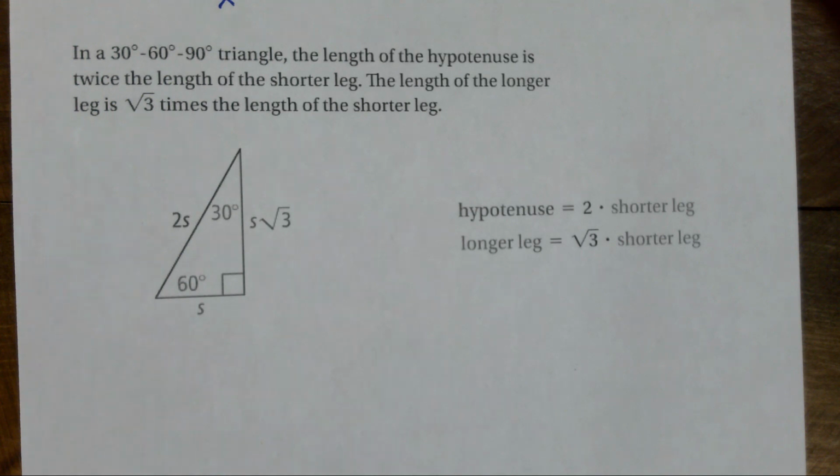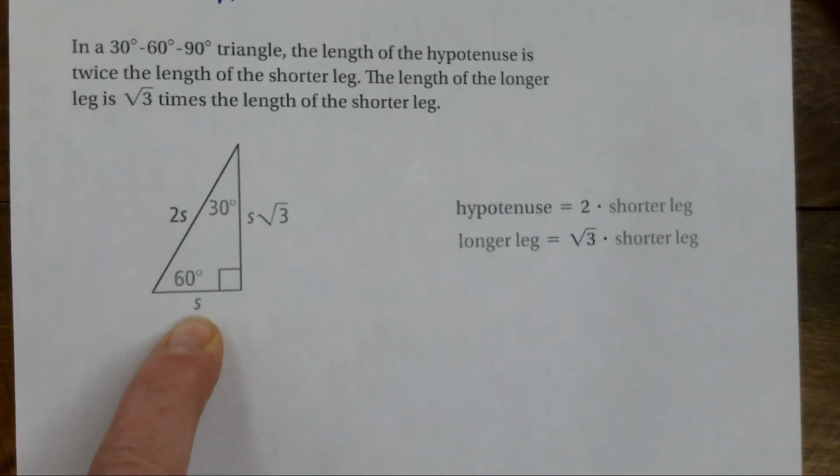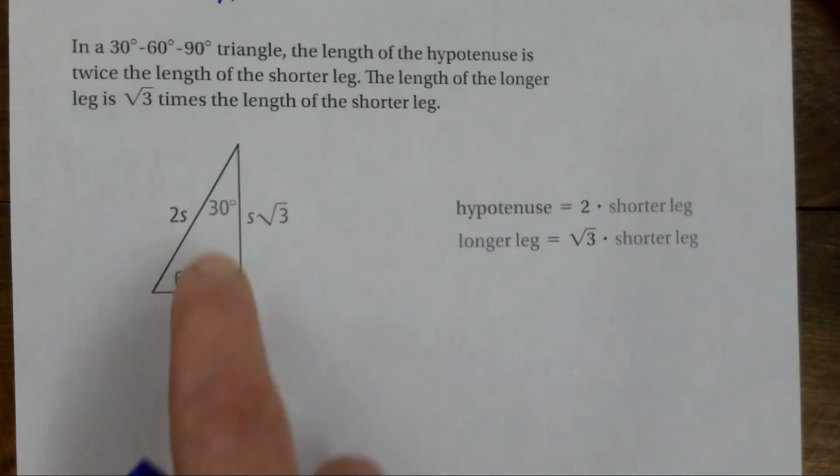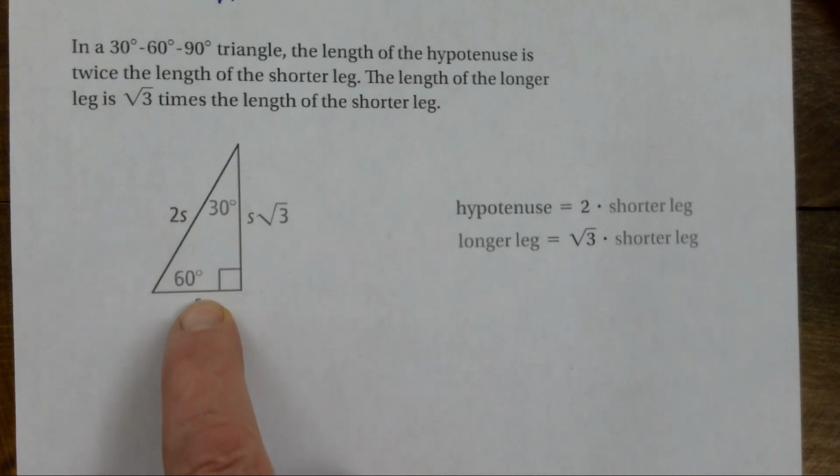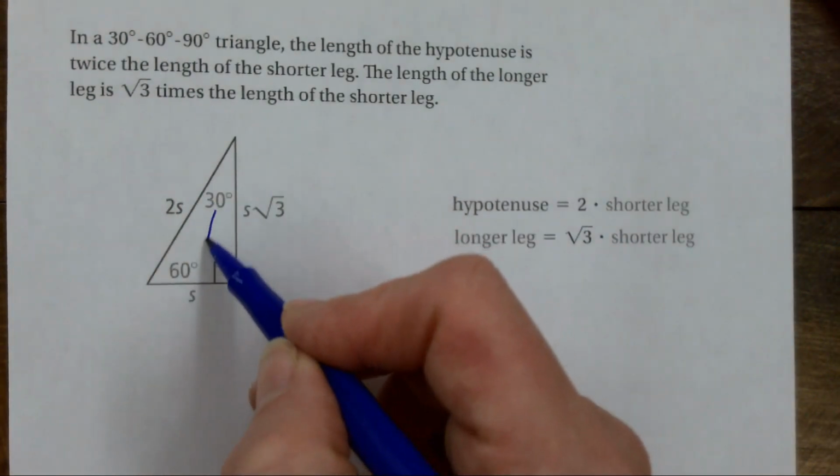How do I know S is the shorter leg? Yep. It's the smallest number. Okay, why? Because it's across from the smallest angle. Remember that rule that we talked about? So S has to be the shortest side because it's across from the smallest angle. It's across from the 30-degree angle.